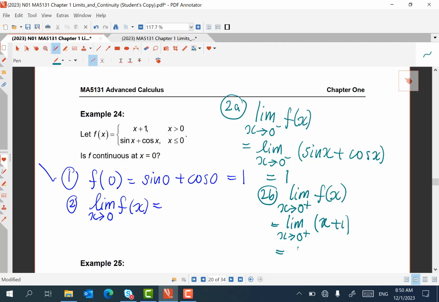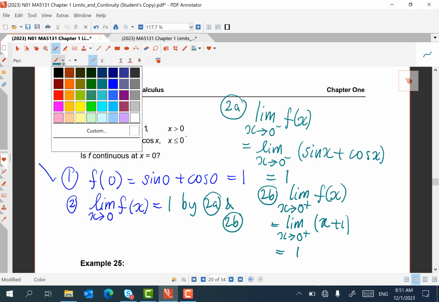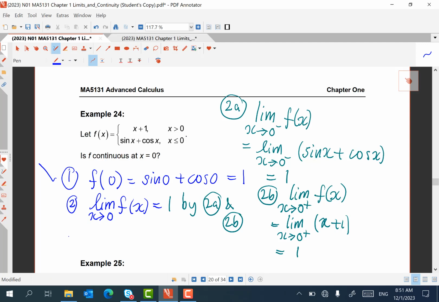And this gives you 1. So therefore, this is equal to 1, by 2a and 2b. Then now you can draw your conclusion in step 3.